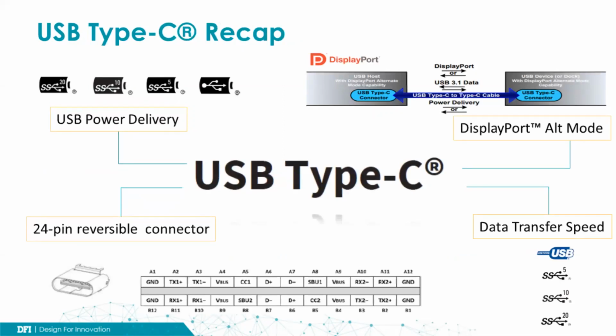USB Type-C is a 24-pin reversible connector type developed by the USB IF. Compared to 9 pins on the previous version of USB 3, these extra pins allow for increased data transfer speed, power delivery, and display.